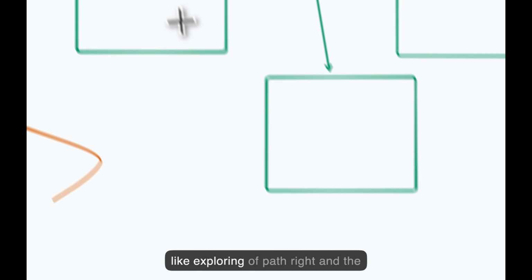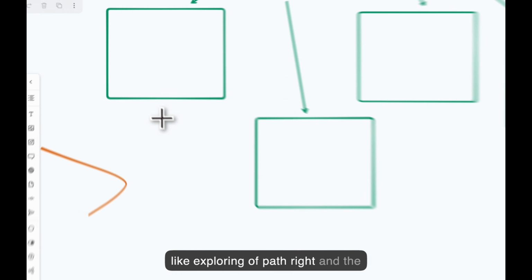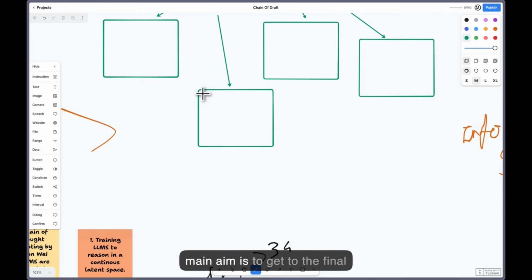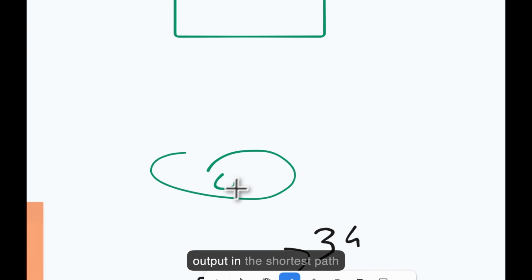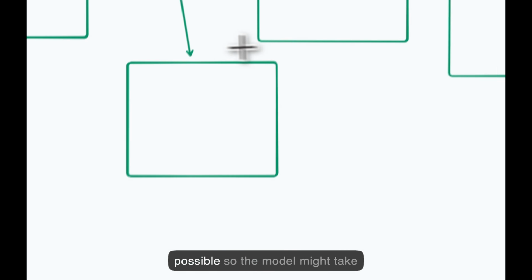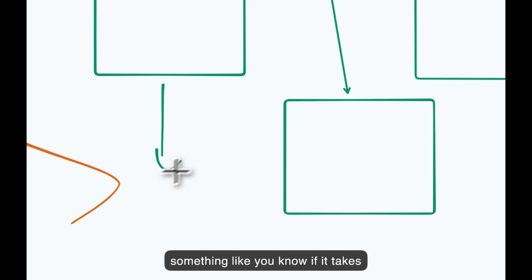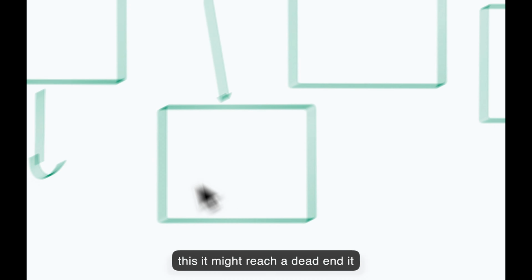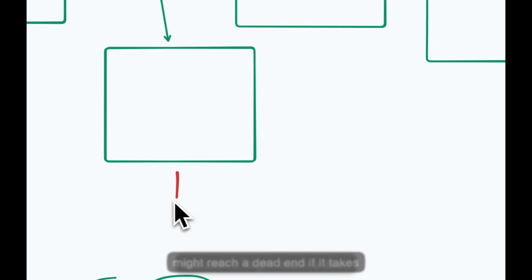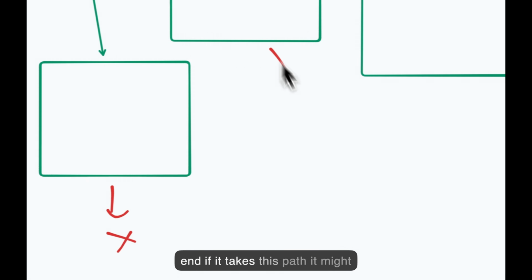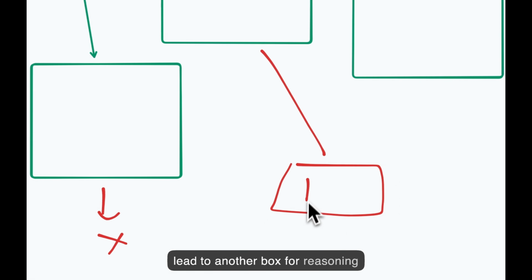Let's say this is the start, and it's like exploring of path, right? And the main aim is to get to the final output in the shortest path possible. So the model might take something like, if it takes this path, it might reach a dead end. If it takes this path, it might reach a dead end. If it takes this path, it might lead to another box for reasoning.